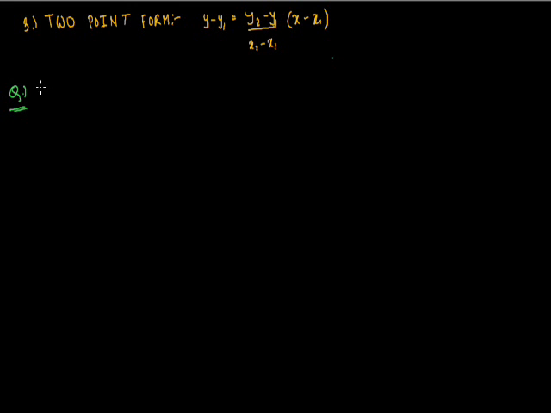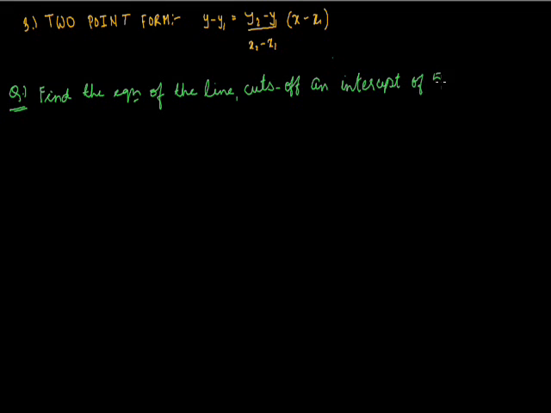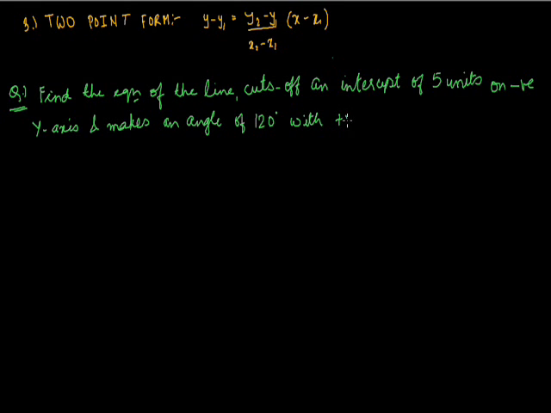The question goes, we need to find the equation of the line which cuts off an intercept of 5 units on negative y-axis and makes an angle of 120 degrees with positive direction of x-axis.